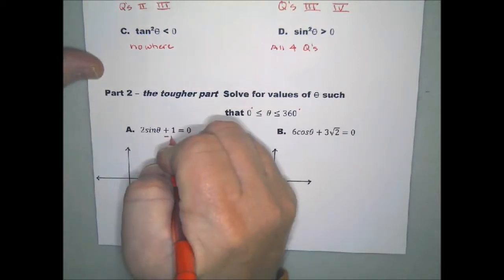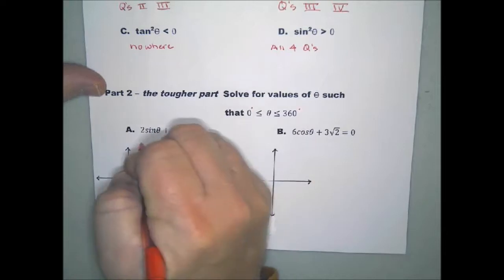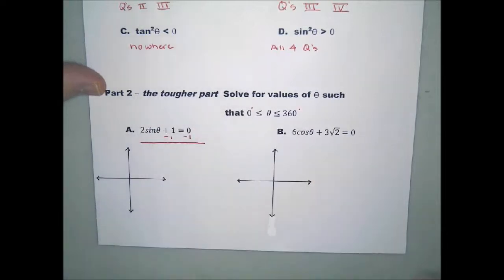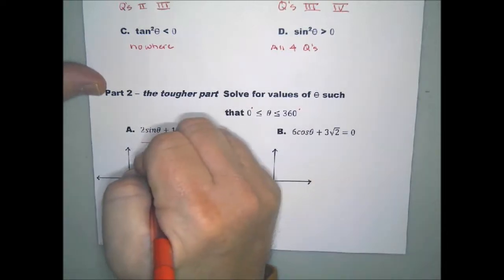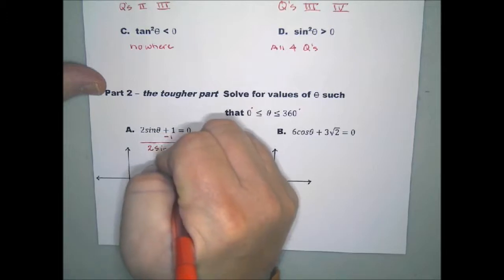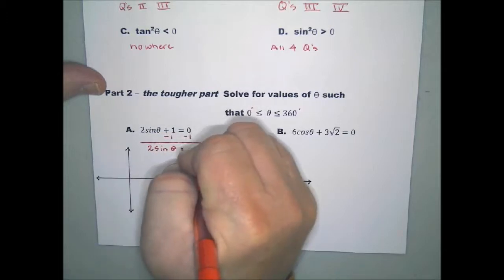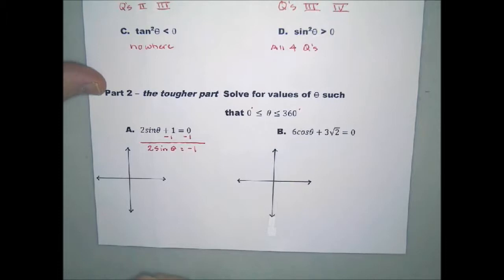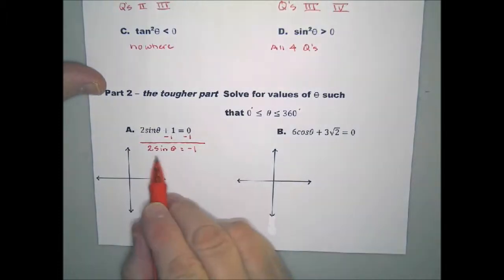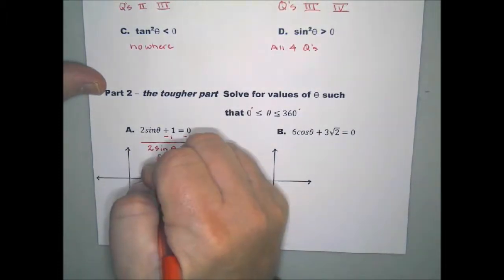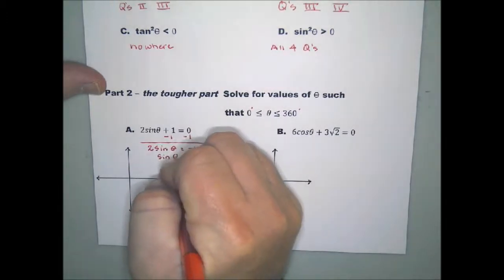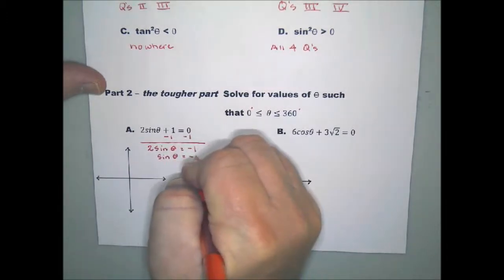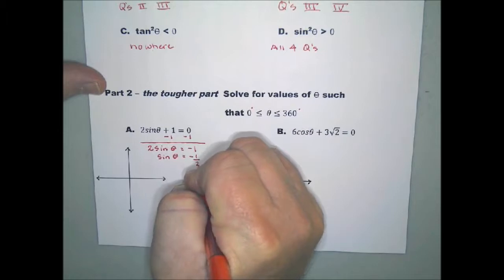The first step is going to be subtract 1. And now we would be at 2 sine theta equals negative 1. Now the next thing you would do is divide both sides by 2, and you have sine theta equals negative 1/2.